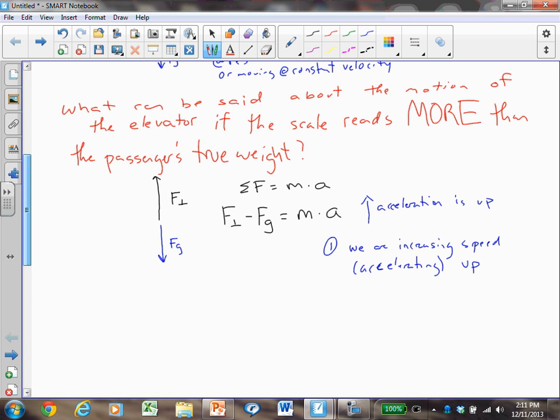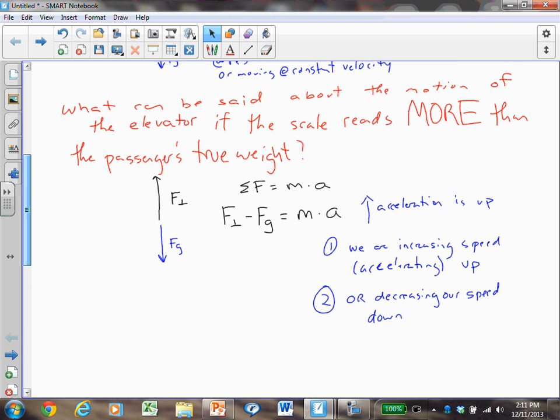And secondly, the other thing could be that we are decreasing our speed going down. The acceleration would be positive, up, while we're moving in the negative direction, but decreasing speed going down. So think about that for a minute.